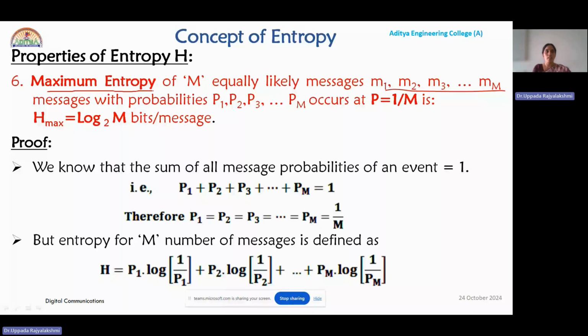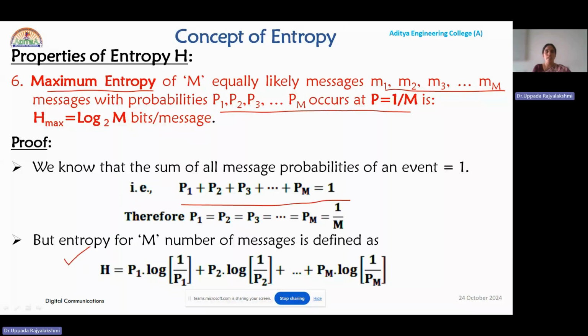We are going to derive the maximum entropy, and that usually occurs at P equal to 1 by M, because the sum of all the event probabilities will be 1. So P1 plus P2 plus P3 and so on up to PM will be 1. Therefore, if all the probabilities are equal, then P1 is equal to P2 is equal to P3 and so on, equal to 1 by M.